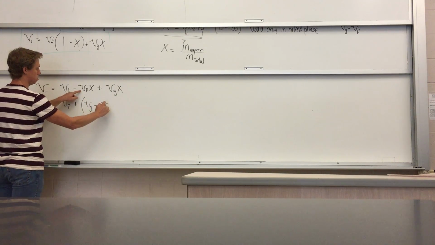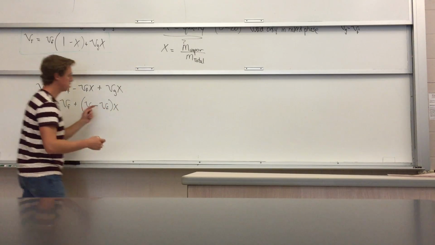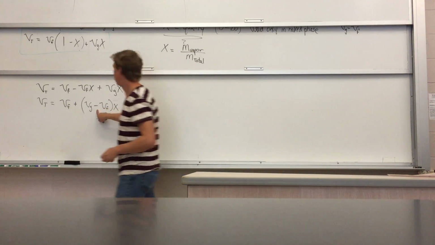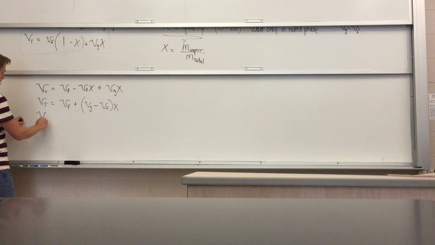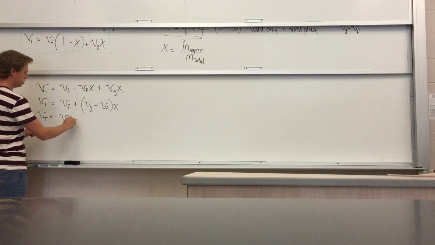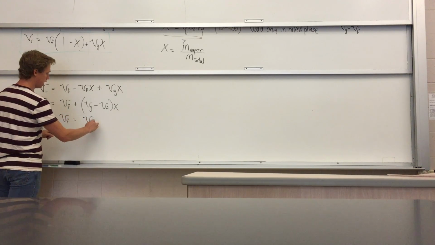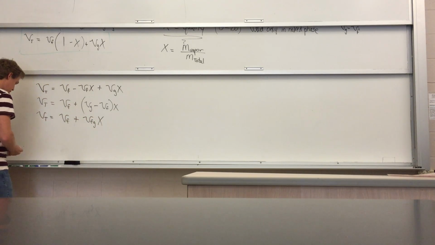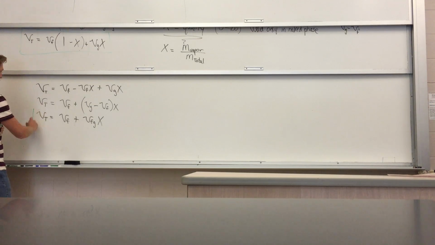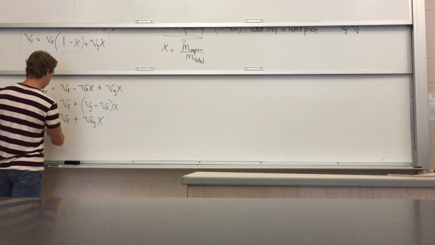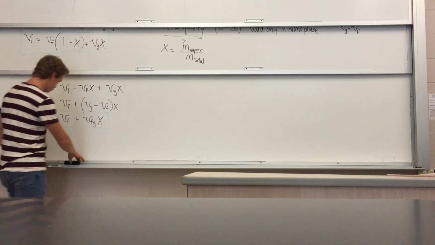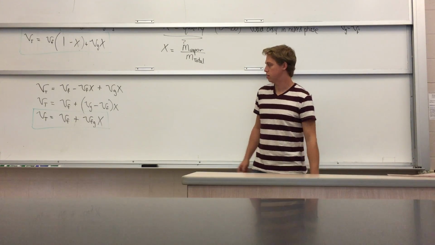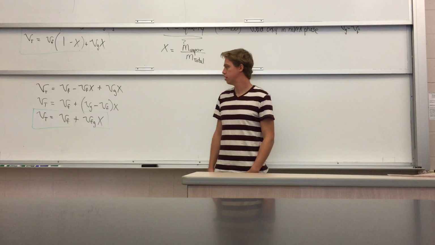So now comes the minus, and that's all times X. So I factored the X out of that, and you'll see that this thing is what we have that shorthand for, volume of fluid gas. Oops, that's a plus sign, times X. This is another one. It's a handy formula to have just in your back pocket to be able to pull out in a calculation. It's just using this shorthand notation.